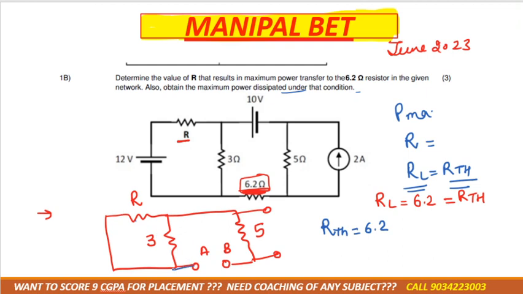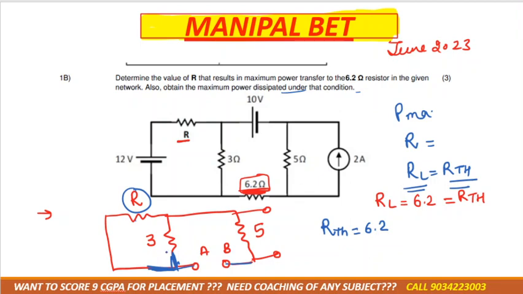Now you are standing at A and you need to move towards B. The 3 ohm and R, are they connected at the same path or at different paths? Can you go to both the houses at the same time?